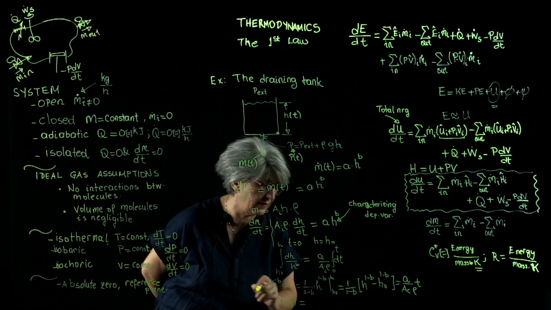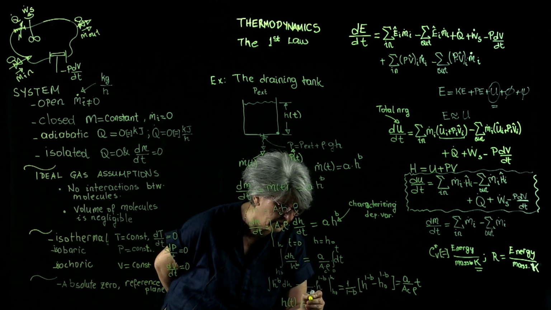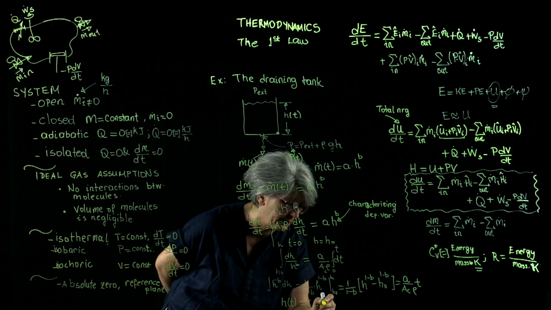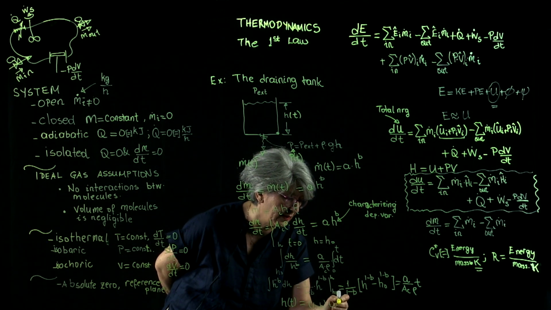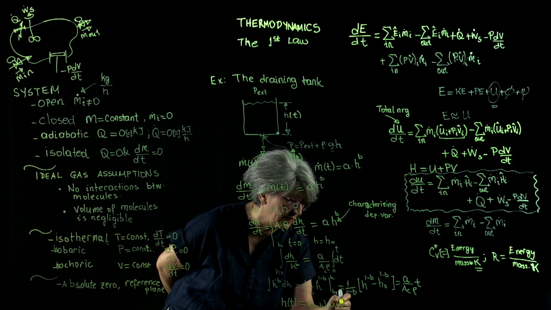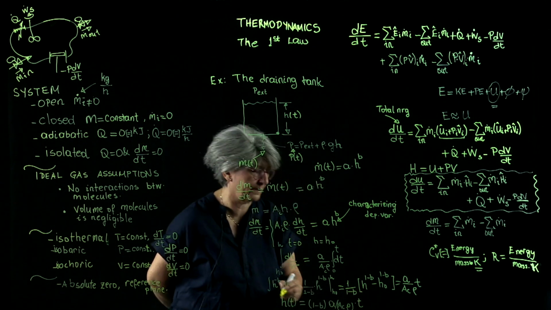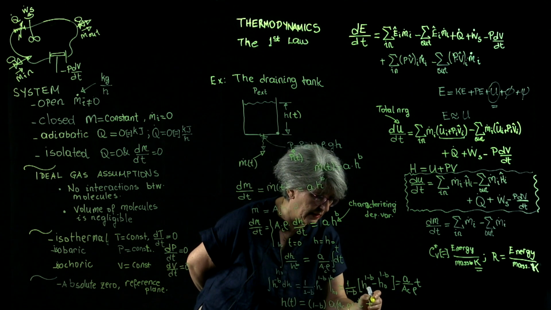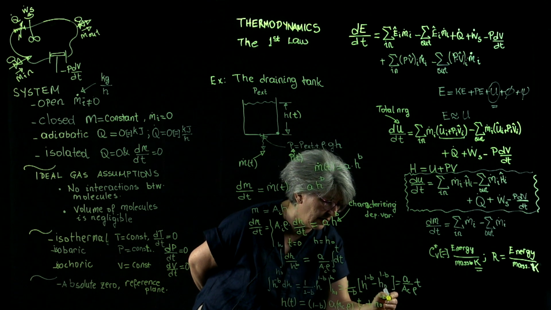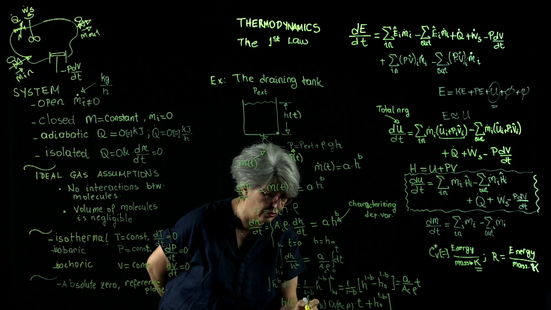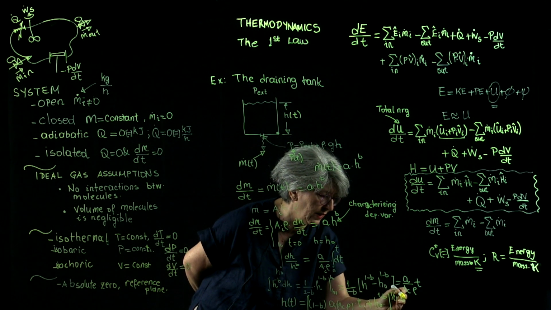I hope you can see that 1 minus b goes to the other side: 1 minus b times a divided by A sub c times rho times t plus h0 to the power 1 minus b. I have to take it into the square brackets, and the whole thing is raised to 1 over 1 minus b.